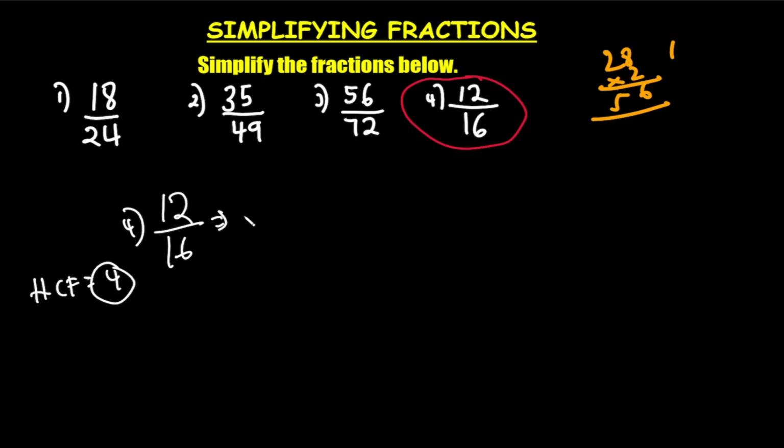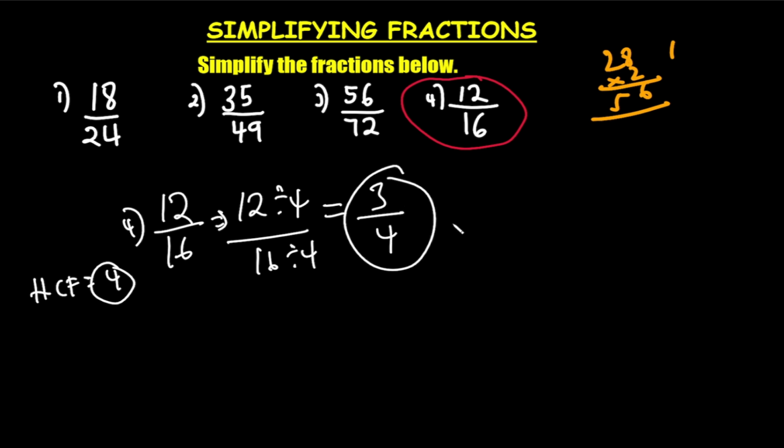Now, we will divide both sides of the fraction by 4. 12 divided by 4 is 3, and 16 divided by 4 is 4. So I have 3 over 4 over here.